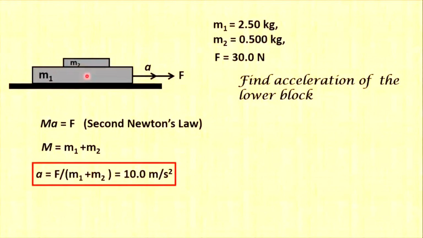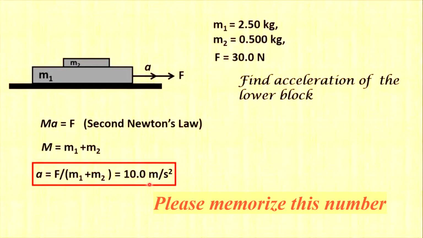Then we can apply this law and find the acceleration as the force divided by the sum of the masses m1 and m2. This gives us 10 meters per second squared.